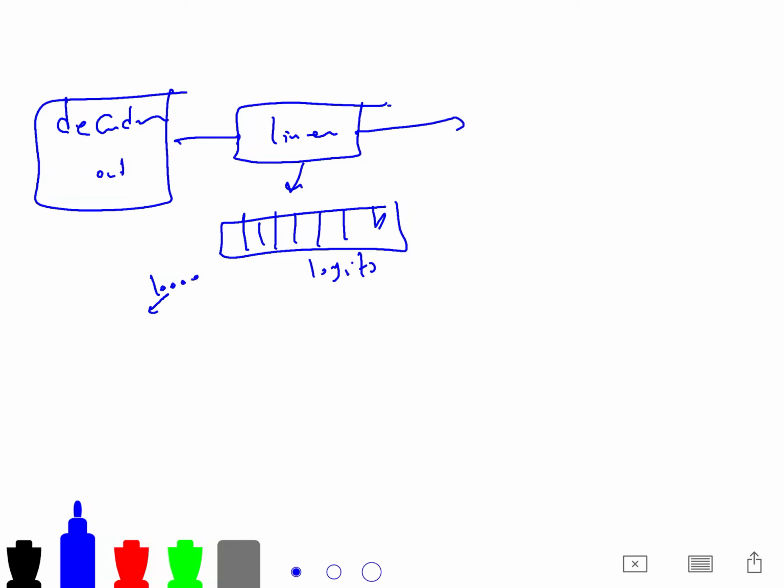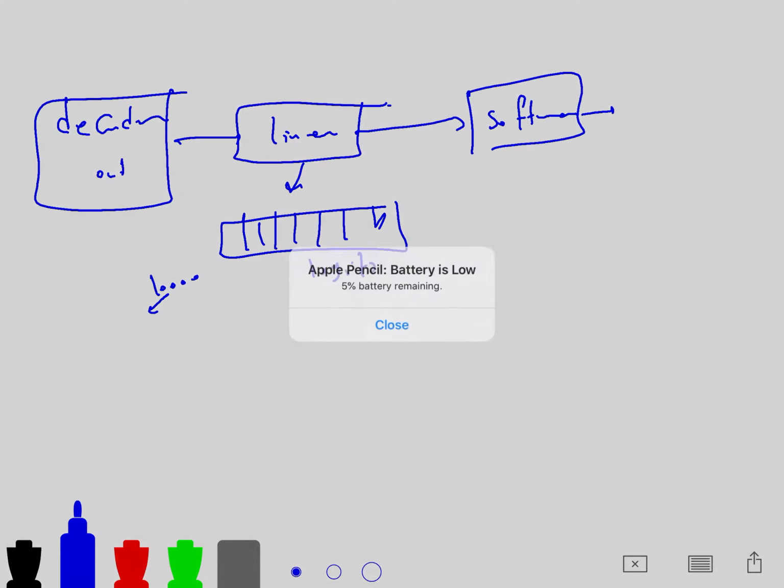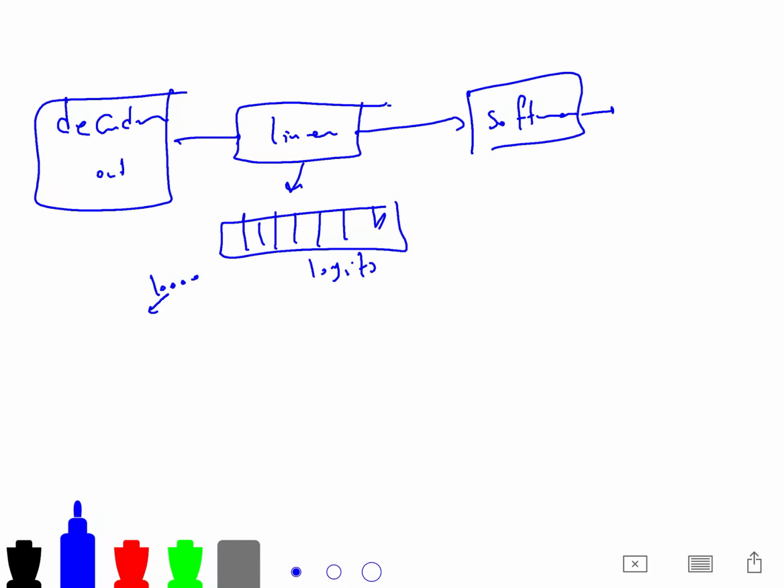And then, if you pass the logits to softmax, you get probabilities because they are between 0 and 1, and those probabilities add up to 1. And so you have log probabilities, and the vocabulary size, as I said, is just 10,000. This is what you do on the decoder side.